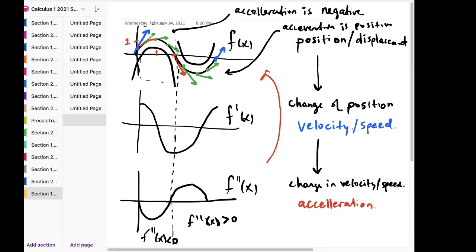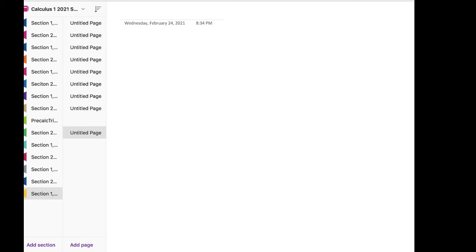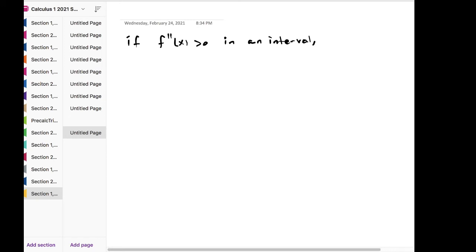It tells you something we'll define as concavity. If the second derivative is positive in a region, an interval, f of x is called concave up.